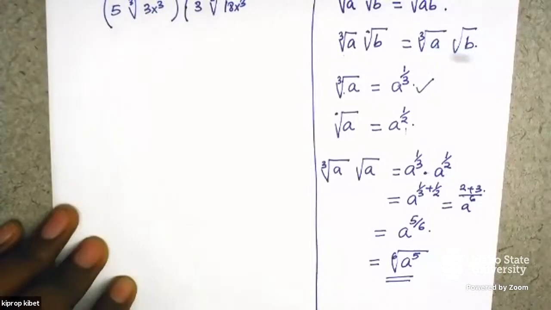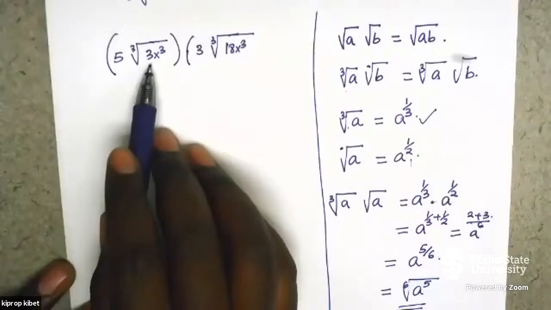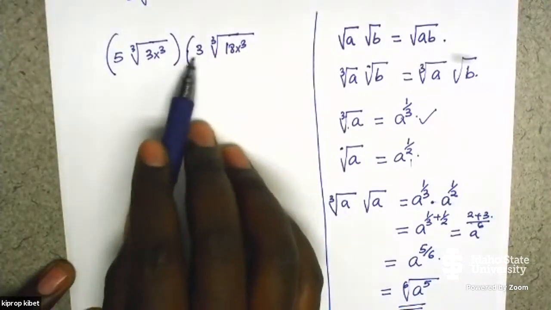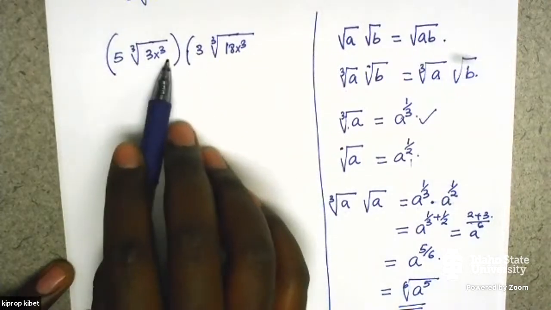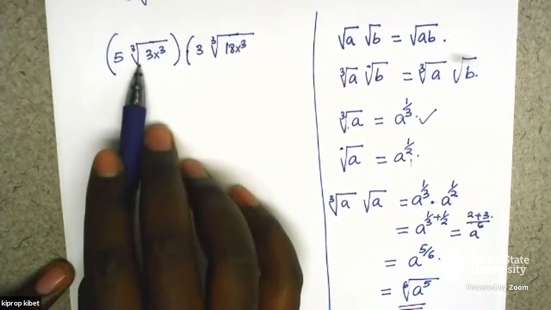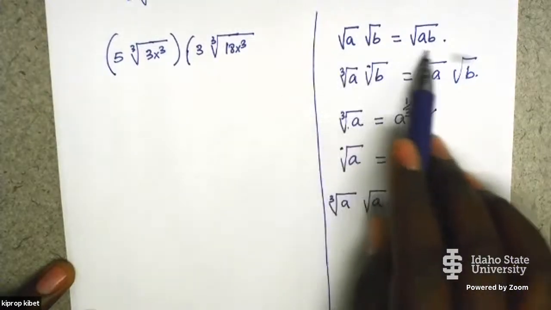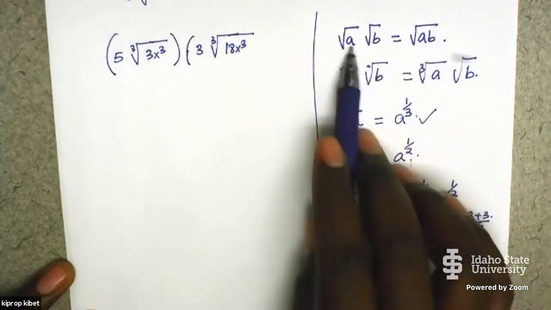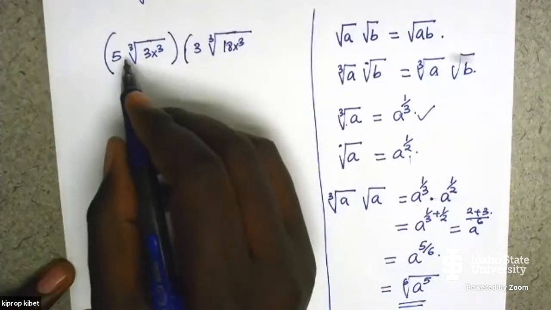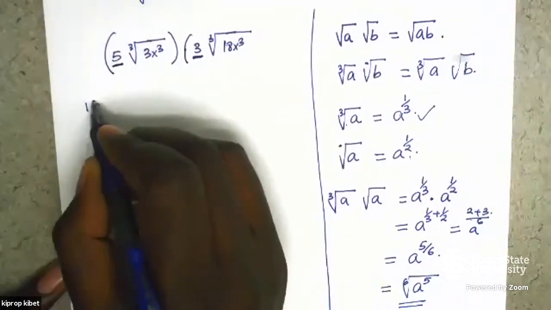Now, if we come back to our example here, if you want to simplify this one, because this root and this one are the same, just like this, we can actually multiply this and this, which is 15.